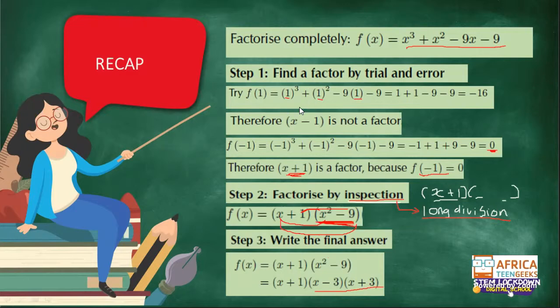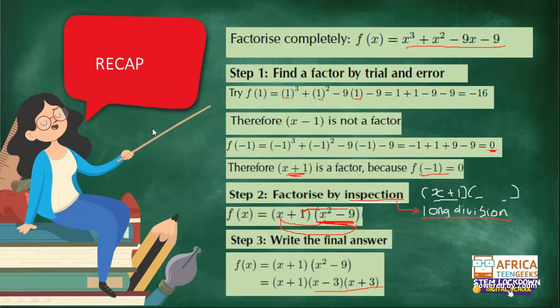What I usually do to find my first factor is trial and error, and then after I find my first factor, I use long division, because sometimes I struggle with inspection. But someone else would do trial and error and then do inspection.